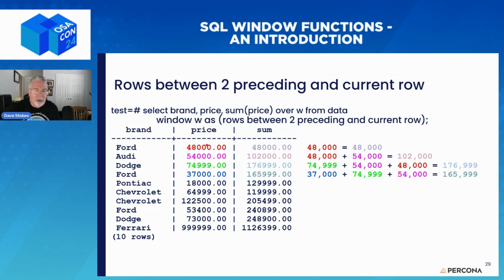Second preceding row, not there. So the value that we end up with, 102,000, is the 48 and the 54. Now the first row that actually has the two preceding is this one, the Dodge, 74,999 plus 54,000 plus 48,000 is equal to 176,999.